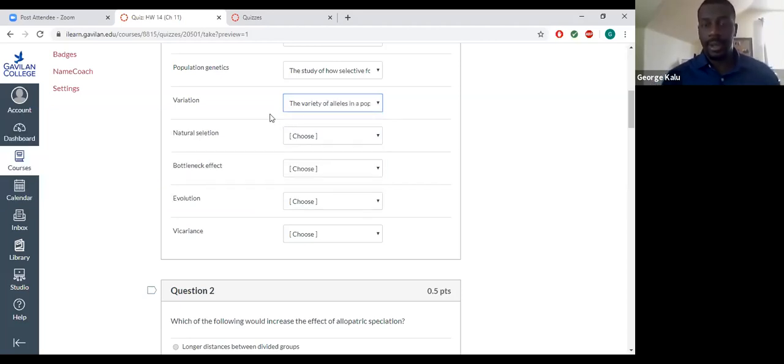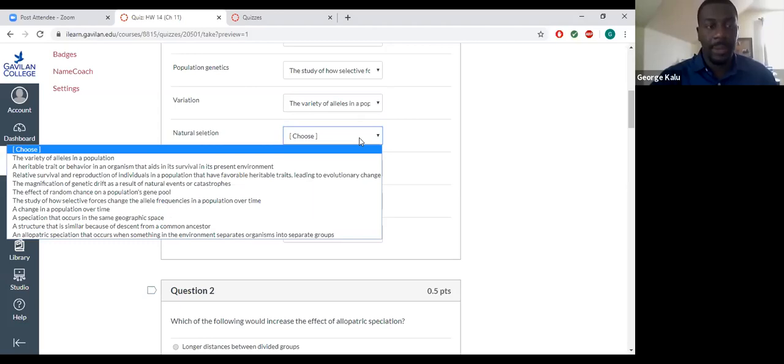So over your population, you're going to have various different alleles across individuals. Each one is going to have its own variety of alleles that will give it its particular traits. Okay? So variation is just the variety of the alleles present in the population. Perfect. Okay, what about natural selection?